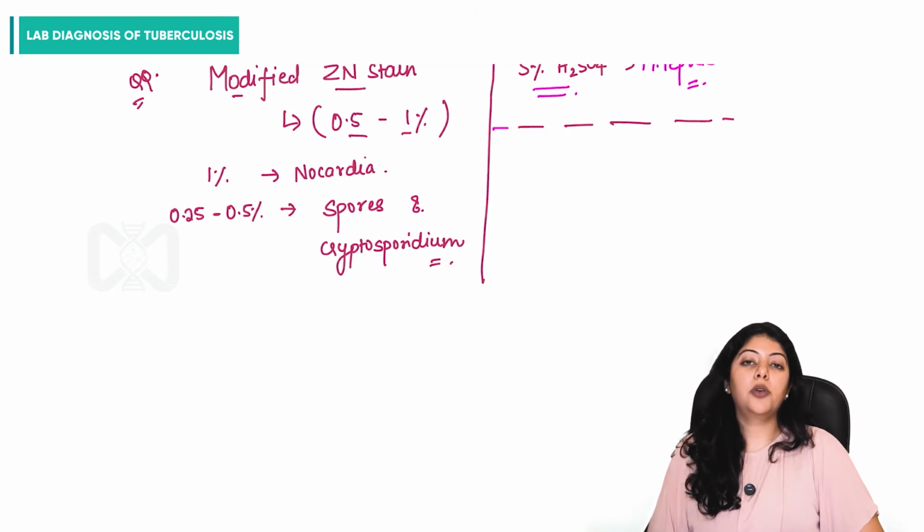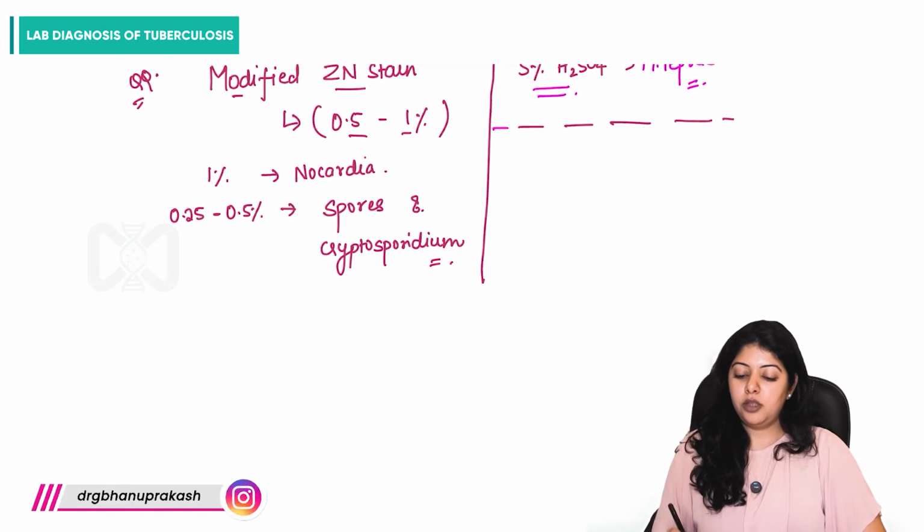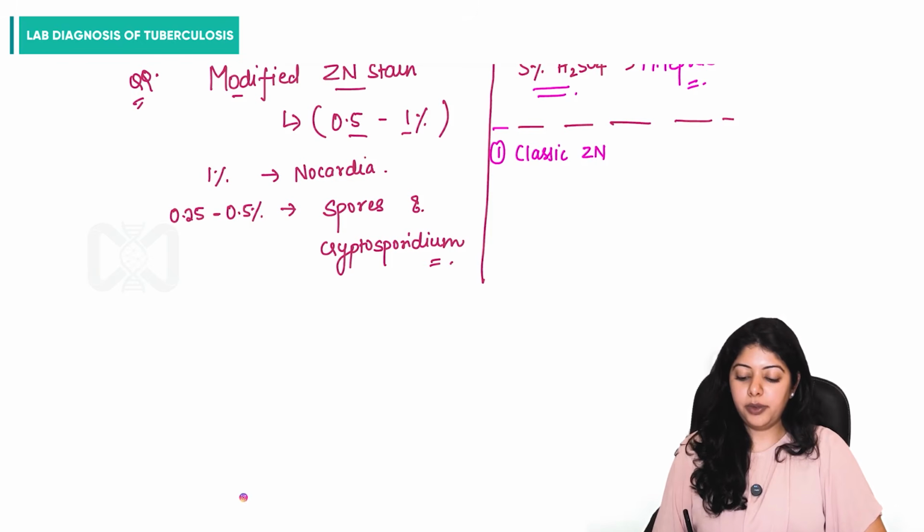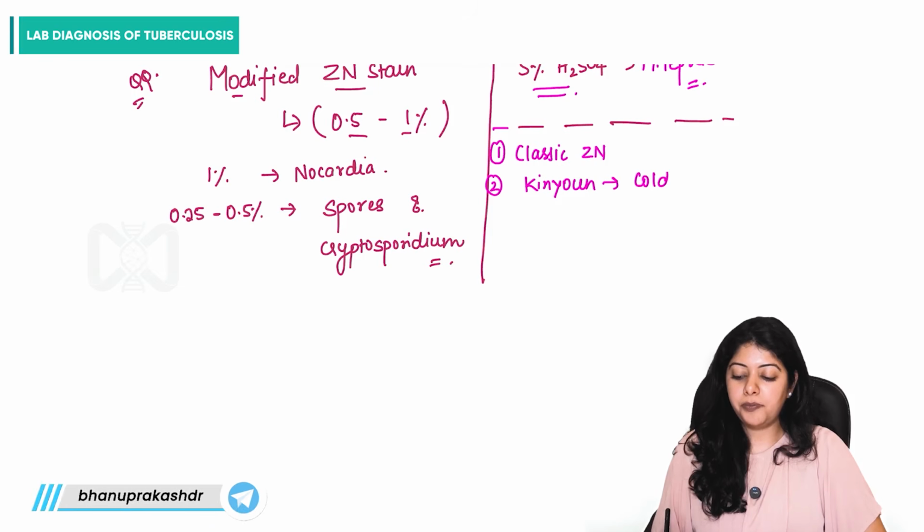Now let us talk about other modifications which have been done. So firstly, we spoke about the conventional classic ZN staining. The other one we had was Kinyoun method, which was a cold staining method.